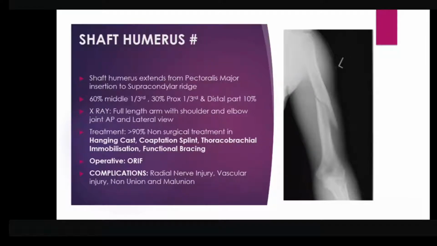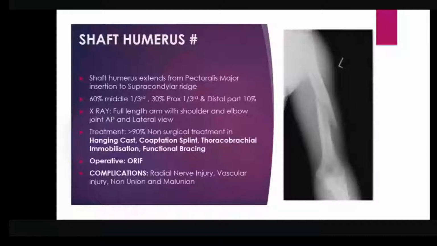Treatment will be conservative by plaster immobilization, or operative, open reduction and internal fixation by plating or nailing. Complications will be again early and late, and remember, whenever you consider operative treatment, there is always scope of iatrogenic complications.